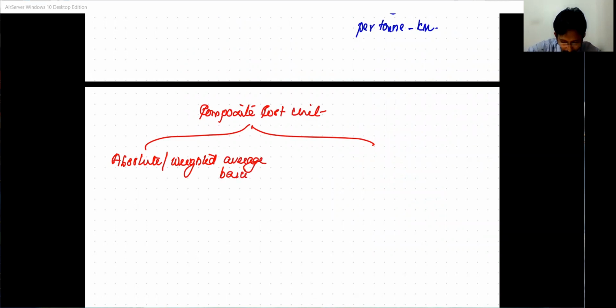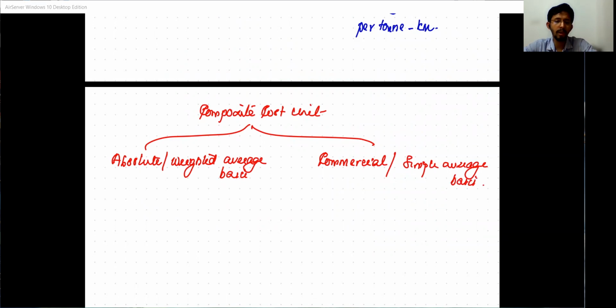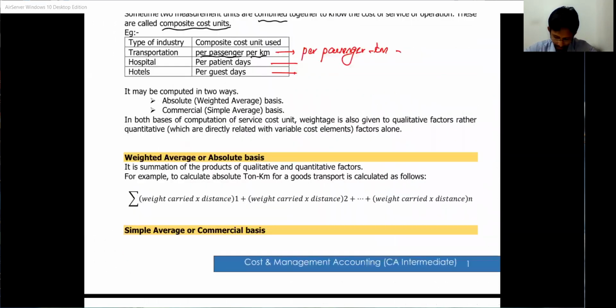Second one, you have commercial or simple average basis. I will explain these absolute or weighted average basis as well as commercial or simple average basis with the help of an example. Let's take the example given here.